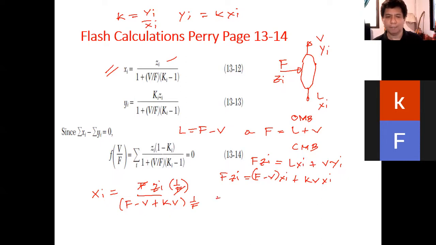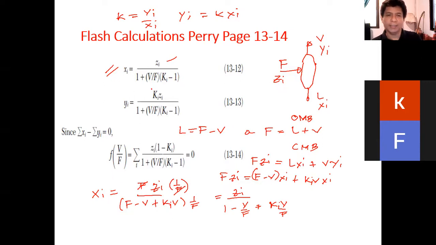Tapos sa baba, you will have 1 minus B over F, tapos plus K times B over F. So in order for you to have this, you just factor out plus B over F. Sorry, I forgot to insert K sub I. Supposed to be may K sub I yan. You just factor out B over F and you will have this equation.